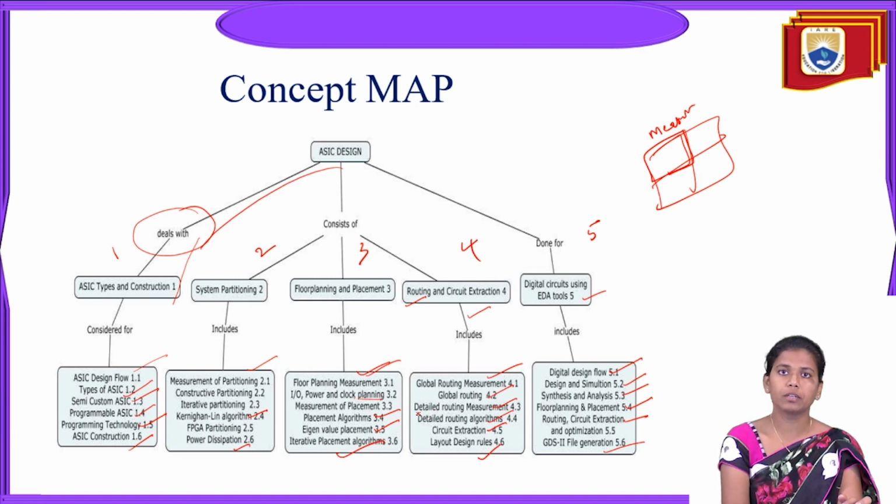If my partitioning of a circuit is global, I have to look after the global routing. And if my circuit partitioning is only meant for some part, then I have to route it to that particular part or space. And then circuit extraction.